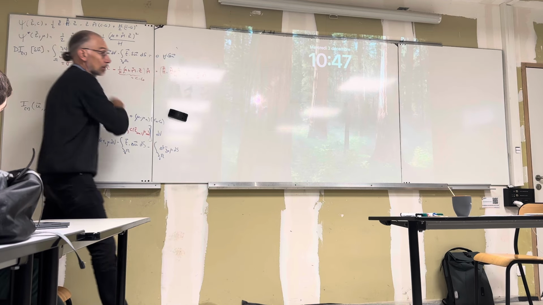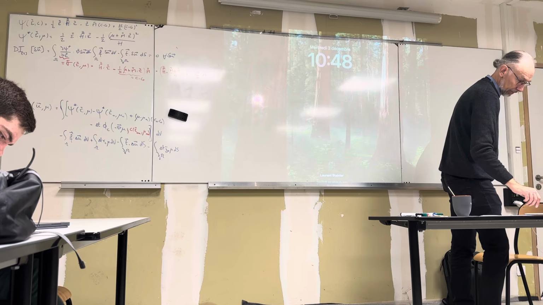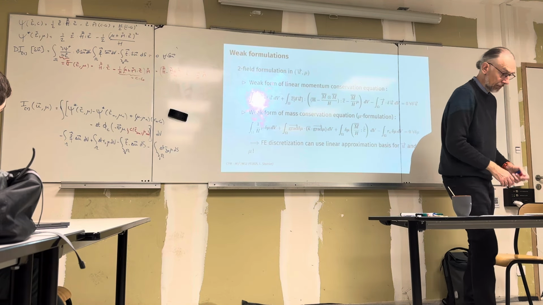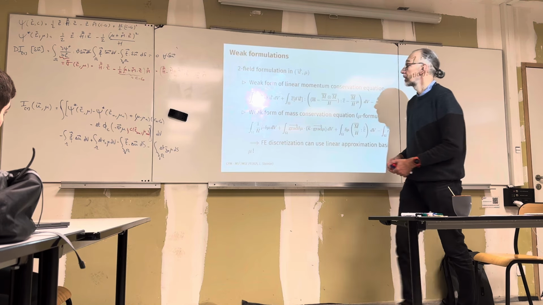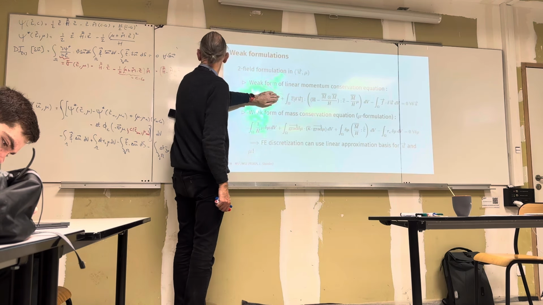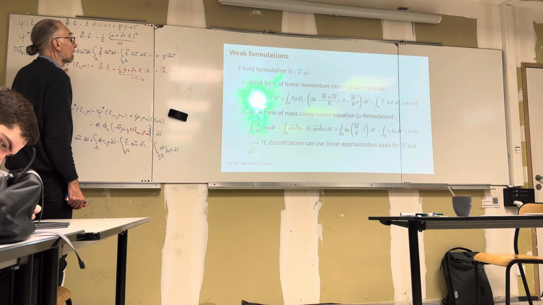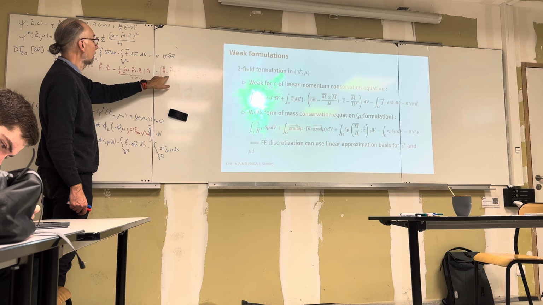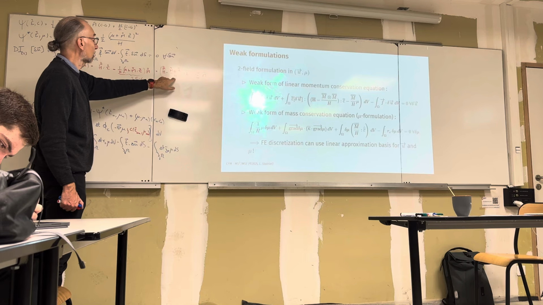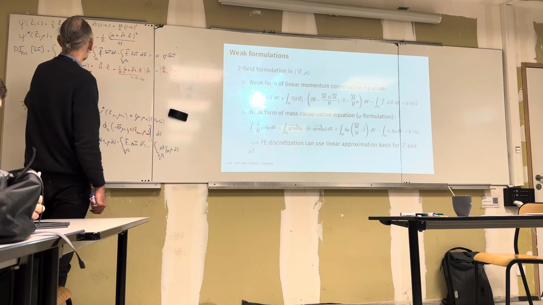Comparing this to this, I've got H minus n times n minus h epsilon. So the epsilon of delta u is this.